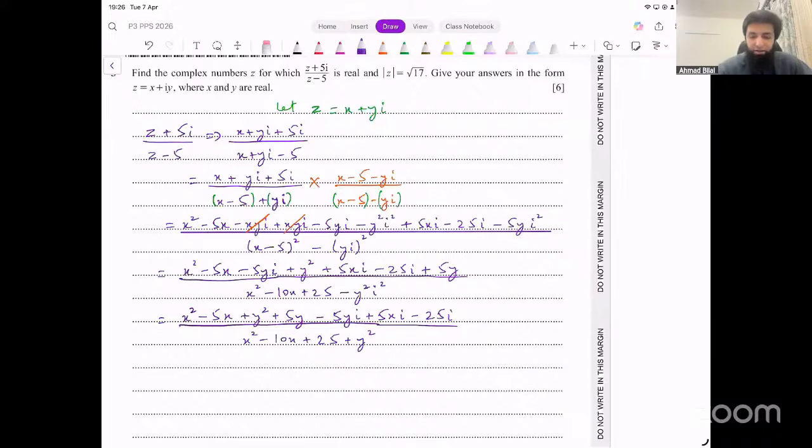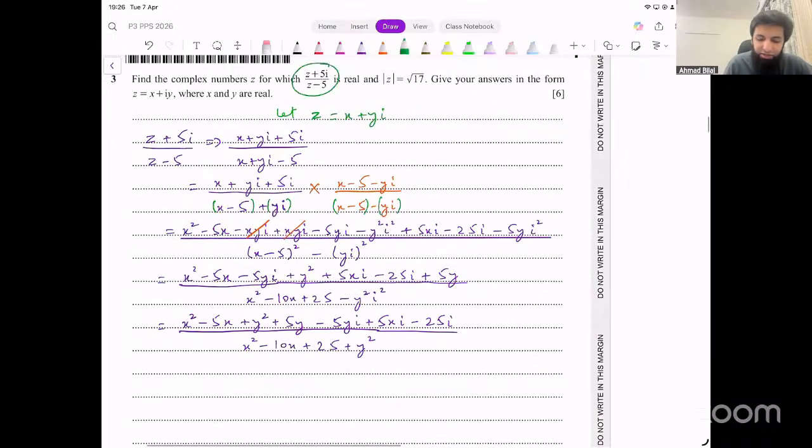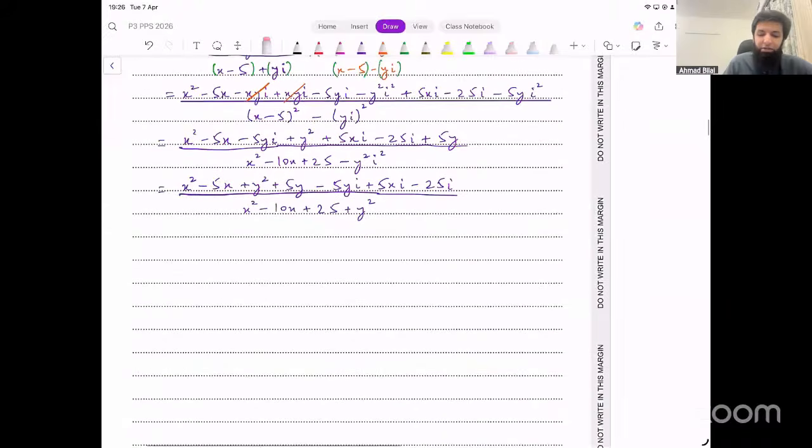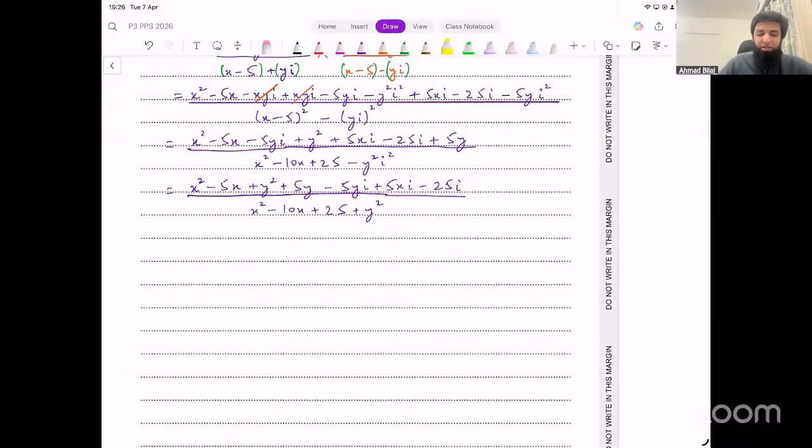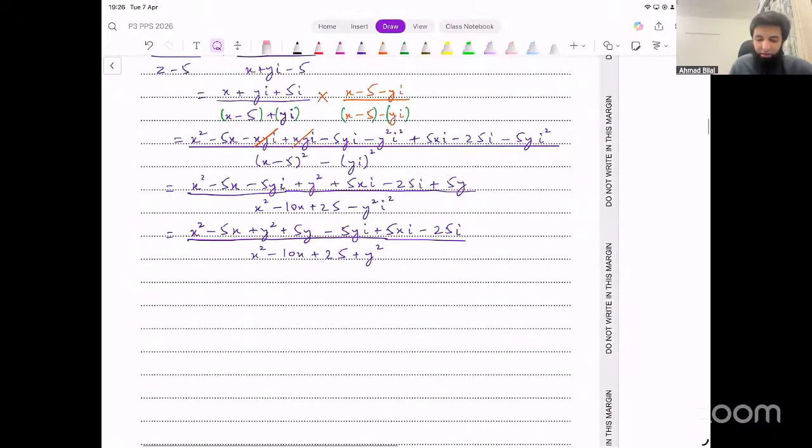Now they said this fraction is real. That means its imaginary part is supposed to be 0. So all we have to do is put the imaginary part of this complex number equal to 0. So we can split the real part and the imaginary part, right? If I were to write it as two separate fractions, I could say this is the real part.